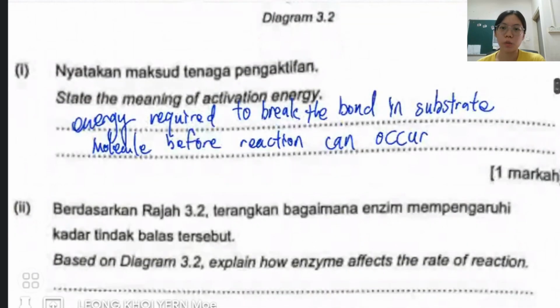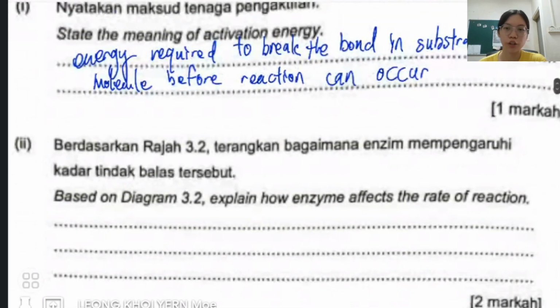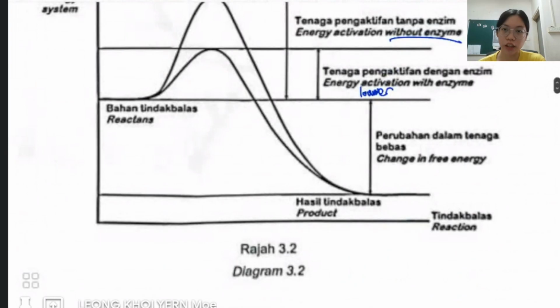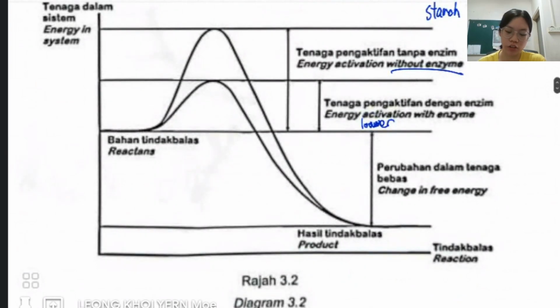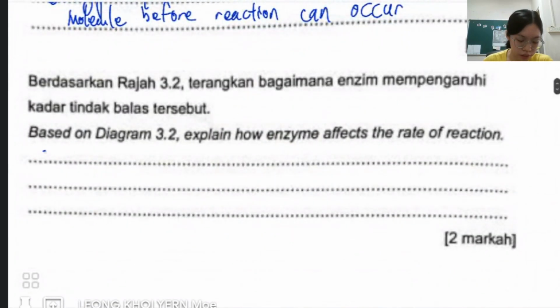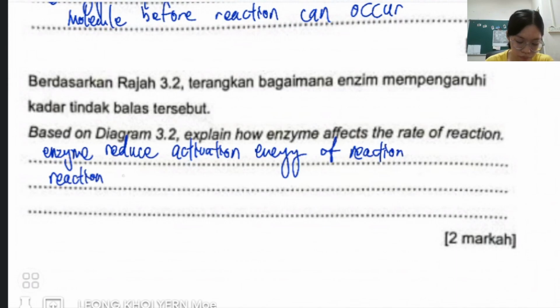Okay, so how does the enzyme affect the rate of reaction? You have to base it on this diagram. First of all, how can it speed up the biochemical process? It lowers the activation energy. Initially it's this high, becomes so low. So enzyme reduces the activation energy of the reaction so that the reaction can be sped up.